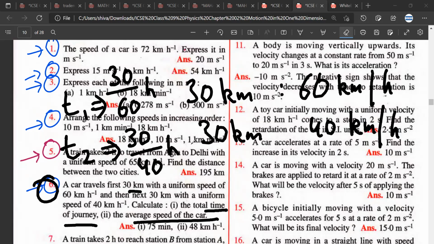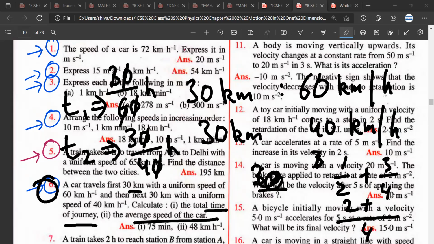We add the two: 30 by 60, I can cancel this factor, and this also, so this will be half plus 3 by 4. This would be 2 plus 3, 5 by 4 hours, which can be written as 1.25 hours.